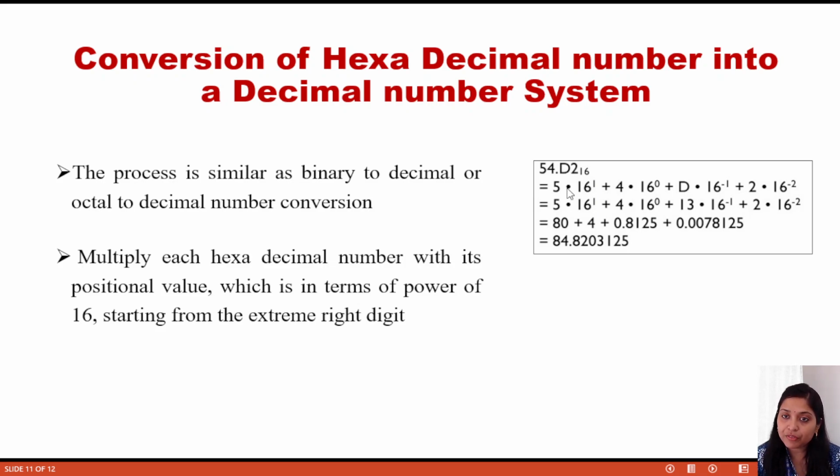But after the point we start with 16 to the power minus 1, that means D into 16 to the power minus 1 plus 2 into 16 to the power minus 2. Then multiply all the terms and sum all the results, and this is the final decimal number. This is the hexadecimal number, and this is the equivalent decimal number.